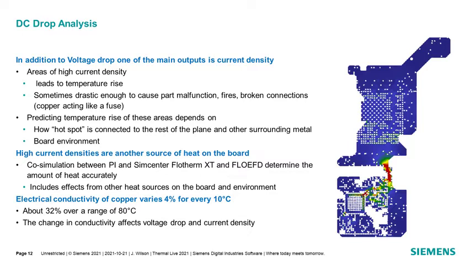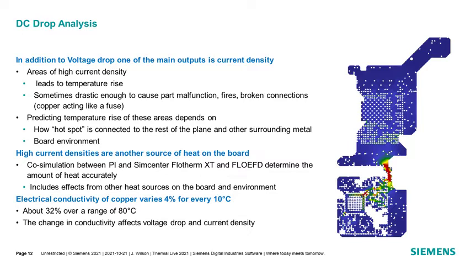In addition to the voltage drop, one of the main outputs is current density. Areas of high current density lead to temperature rise, sometimes drastic enough to cause a part malfunction or fires, some severe defects. So predicting temperature rise in these areas depends on how this hotspot is connected to areas of other copper on the board, the surrounding metal in the board, and the board environment.